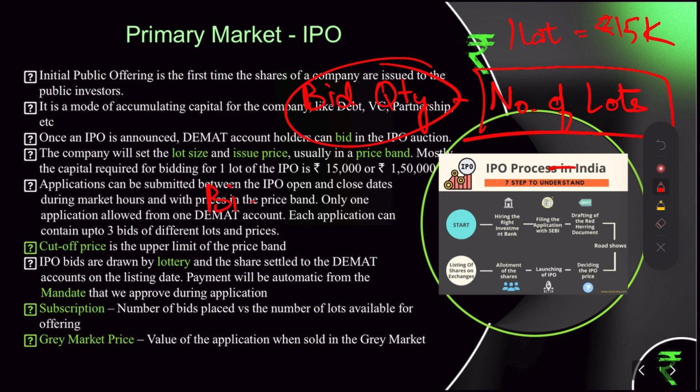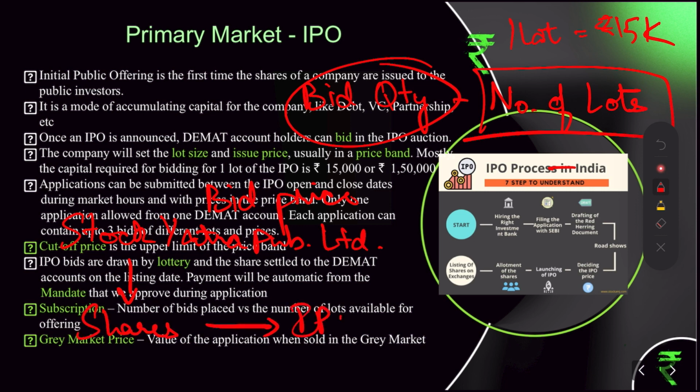You also have to mention a bid price. The company that is going public for the first time, like we saw Stock Yatra, once it turns into a public limited company, it issues the shares in an IPO. Like any share has a share price, this IPO will have a share price too, and this will usually be in a price range. For example, 450 to 455 rupees.